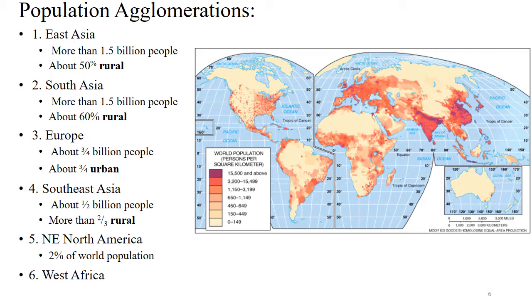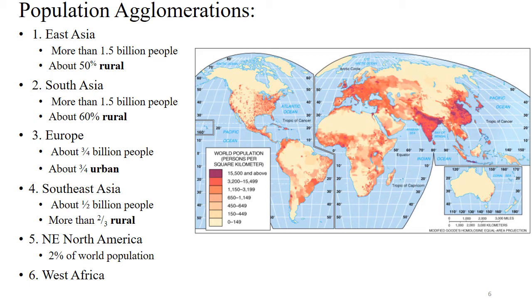For example, Eastern Asia or China was one of the most populated parts of the world in 1800 and remains so today. A lot of these places that are the great population agglomerations or concentrations of people in the world were so historically as well, okay?